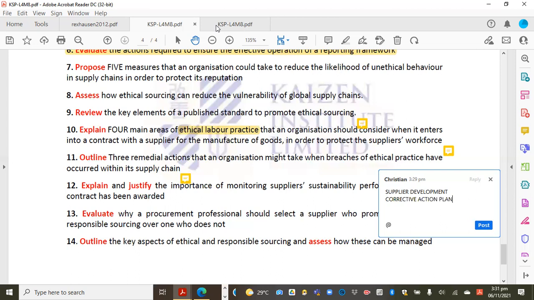Okay, it has been identified as a breach. Then there is no fire extinguisher, or workers were working in a dusty environment without any face masks on. So that is also a breach of workers' rights or labor rights. So we identify all this. Then we determine the remedial action to be taken.